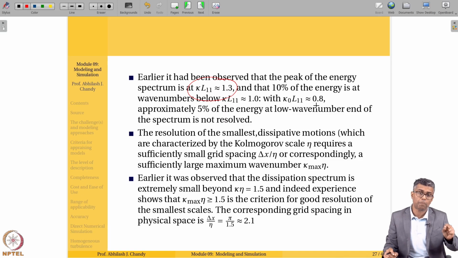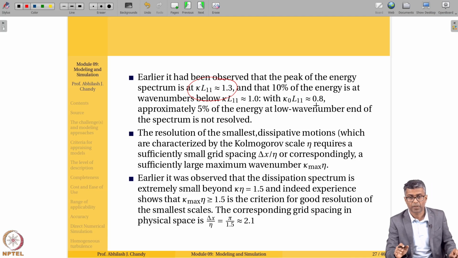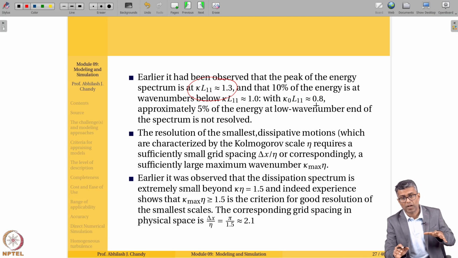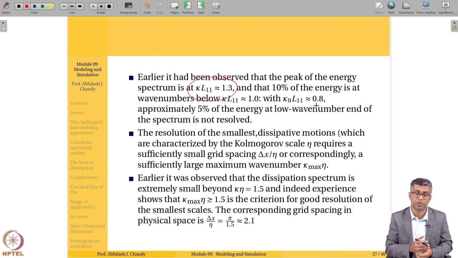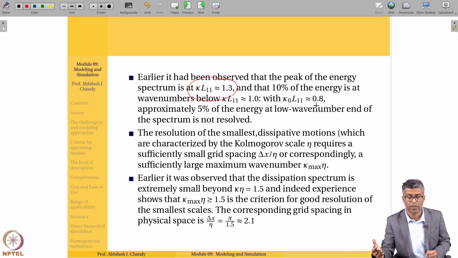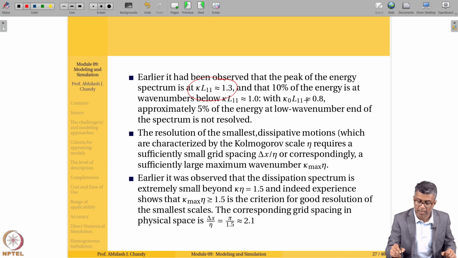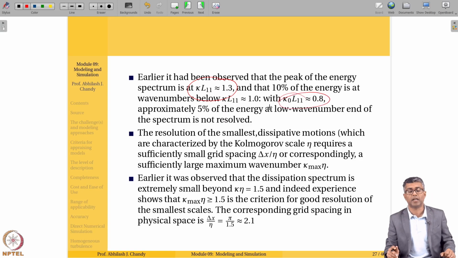We saw that the peak of the energy spectrum was at kappa L11 approximately equal to 1.3. 10% of the energy is at wave numbers below kappa L11 equal to 1.0. Only 10%. The 90% of the energy is contained in wave numbers above that. Which means if you use kappa naught L11 approximately equal to 0.8, then you are missing out on 5% of the energy. I hope that is clear.